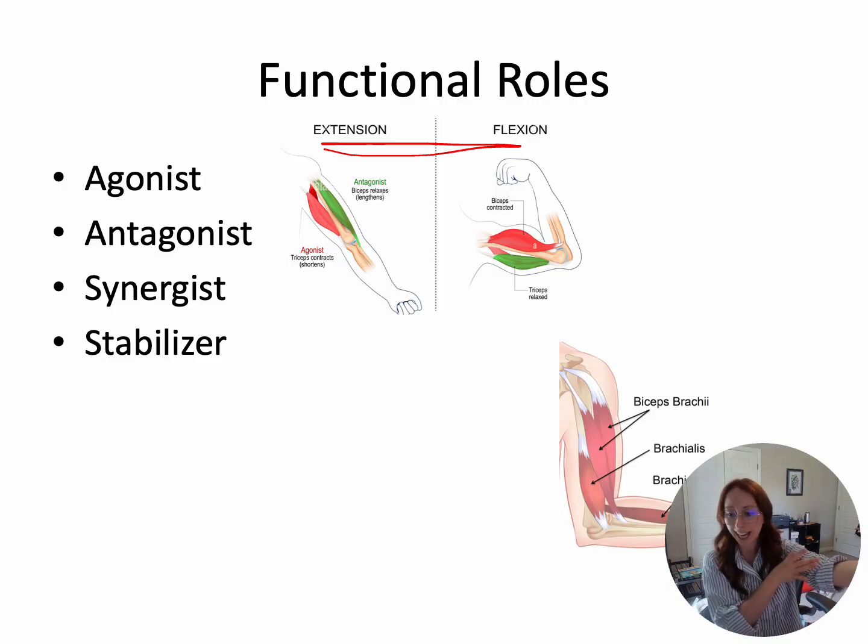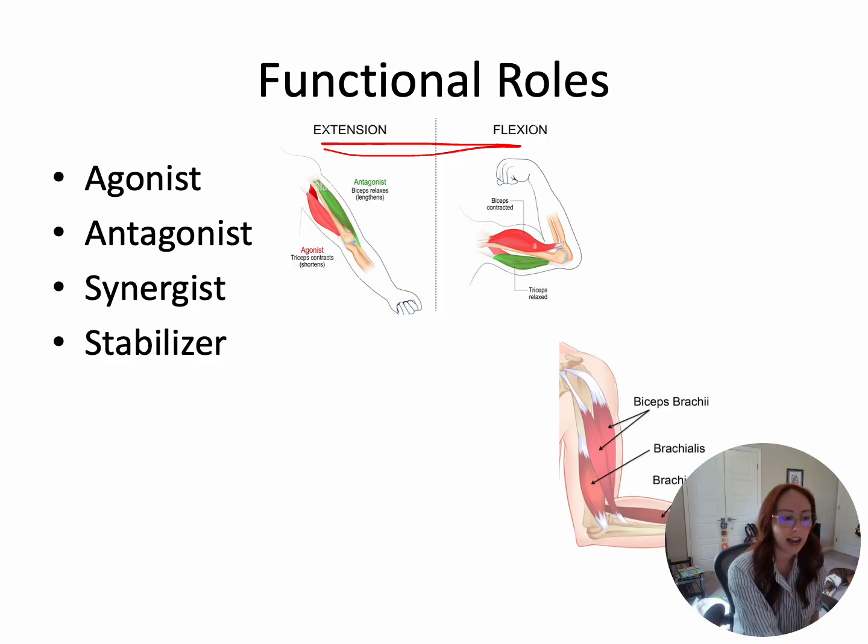We can't have the biceps and the triceps shortening at the same time. That's going to create no movement in the joint. So we have to have one shortening while the other one is lengthening to allow the joint to move. So again, the triceps are the antagonists, where the biceps are the agonists in this particular example.